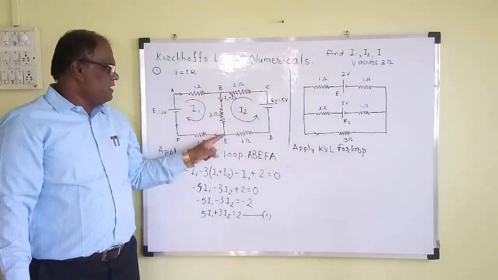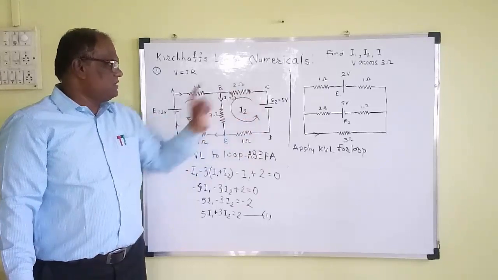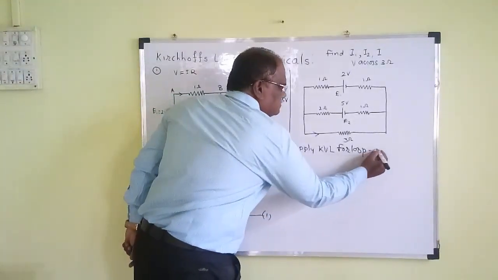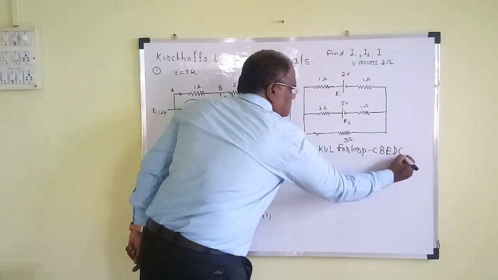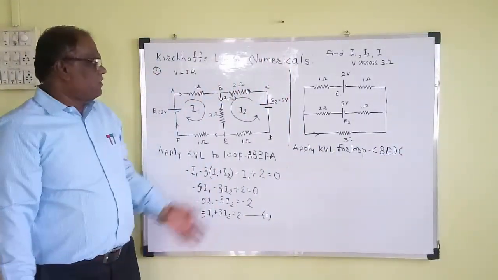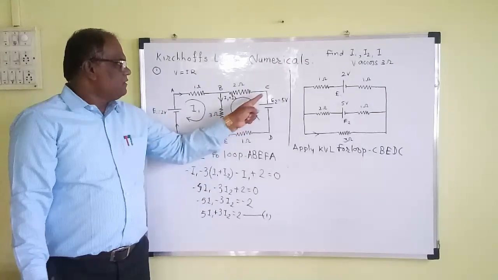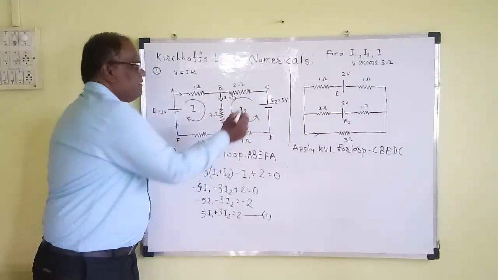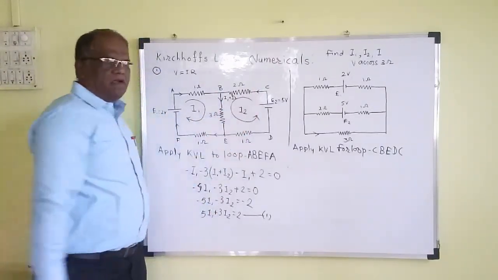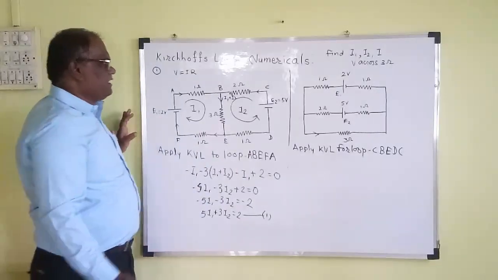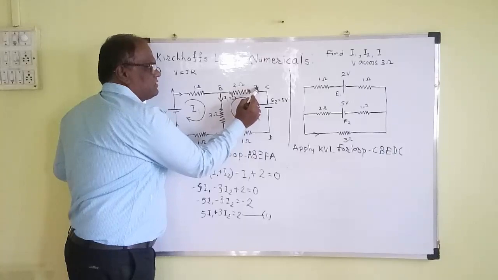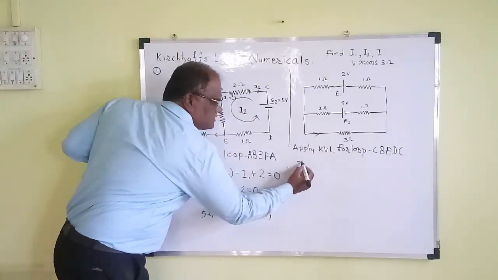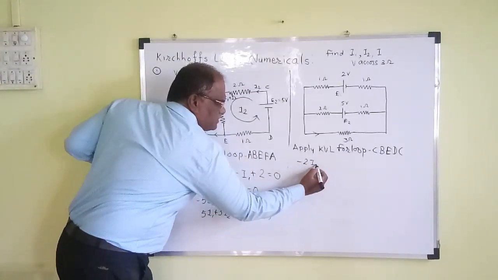C, B, E, D, C. Now write the equation. From C to B, we are moving in the direction of current. Hence the potential difference. This is a 2 ohm resistance. Current flowing through this 2 ohm resistance is I2. Hence it is minus 2I2.